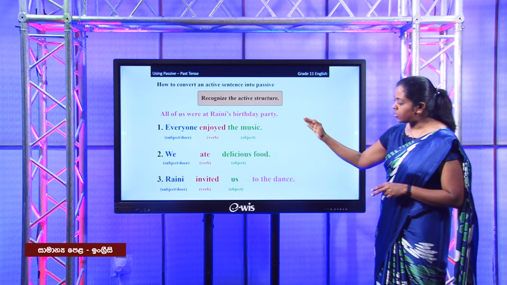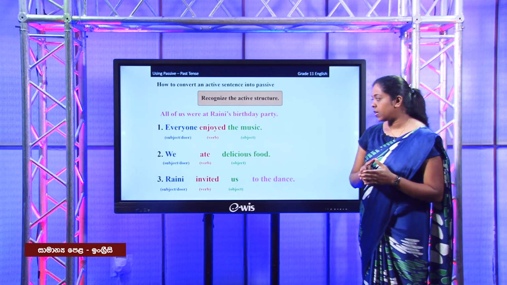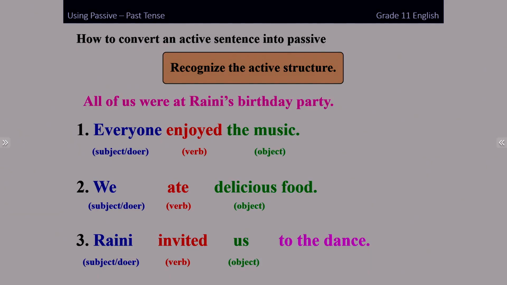Okay. So, we have the subject, verb and the object. Shall we read the sentences? All of us were at Rainy's birthday party. Everyone enjoyed the music. We ate delicious food. Rainy invited us to the dance. Please observe the third sentence.